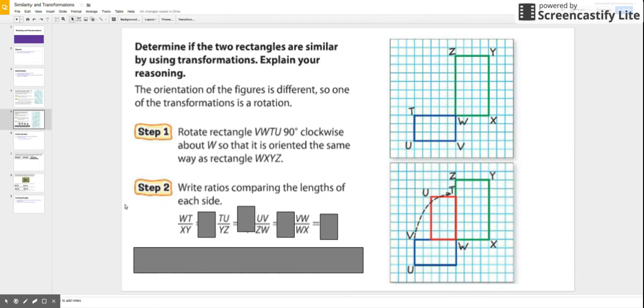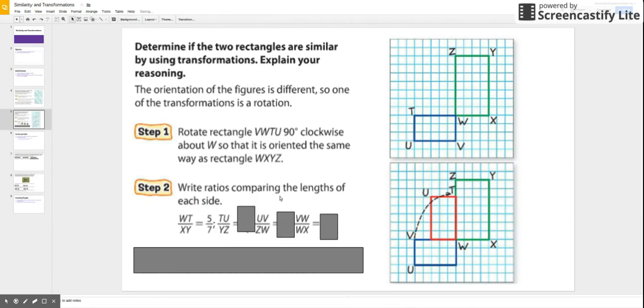And then step 2, you would just write the ratios comparing the lengths of each side to see if they are similar or not. Let's start comparing WT and XY. So WT and XY, the two longer sides. Okay, WT is 1, 2, 3, 4, 5 boxes across, and XY is 1, 2, 3, 4, 5, 6, 7 boxes up.